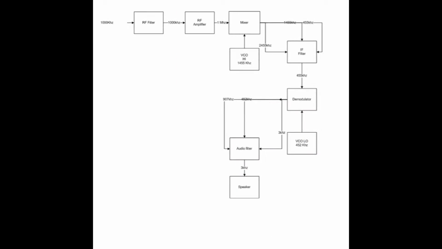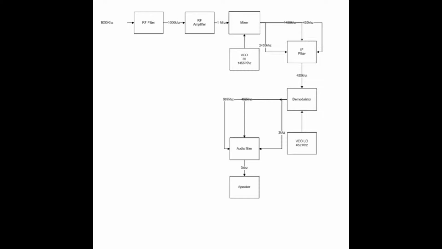Let's discuss the design and calculations of our project. Since at reception we must tune our receiver to a certain frequency, for simplicity's sake, let's assume that we are receiving a 1000 kilohertz AM signal.